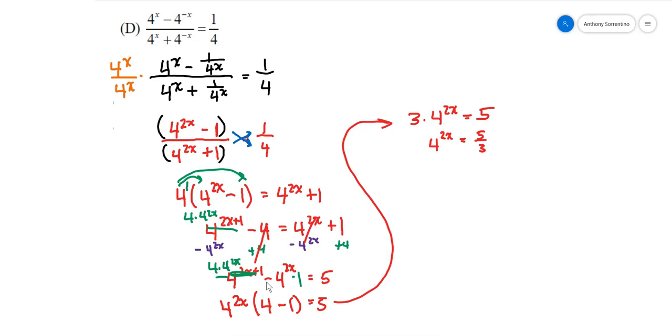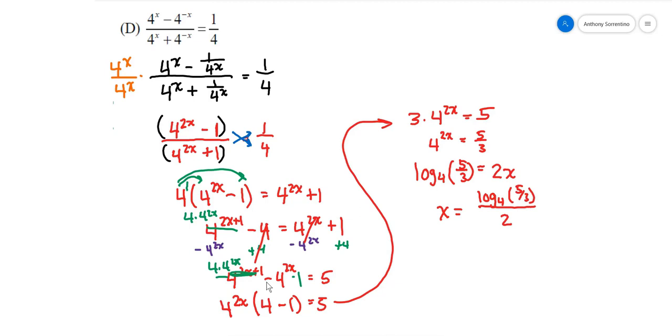So now I can rewrite this as an equivalent logarithmic statement, where I would say the log base 4 of 5/3 equals 2x, which means that x would equal the log base 4 of 5/3, all divided by 2.